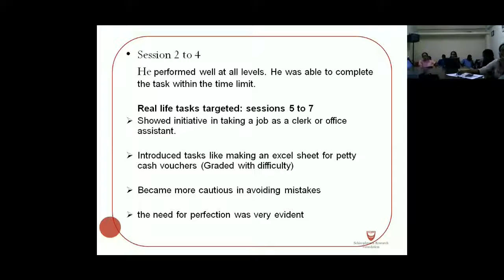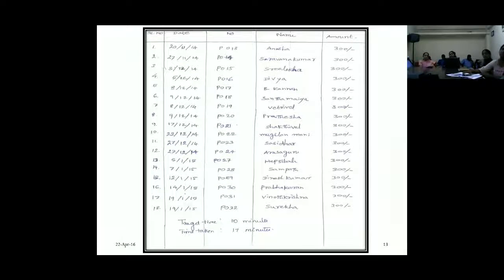Even during this task, it was observed that he was very cautious in avoiding mistakes. The need for perfection was very, very evident. This was the task done by the client. Vouchers were given and he was asked to list those vouchers.